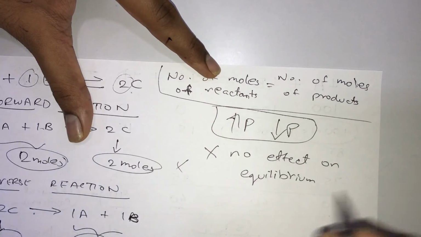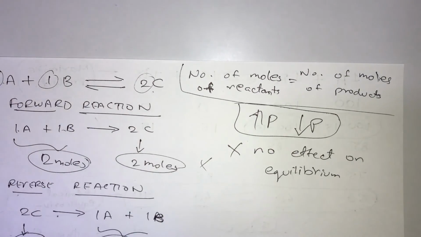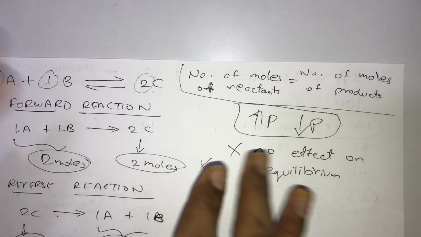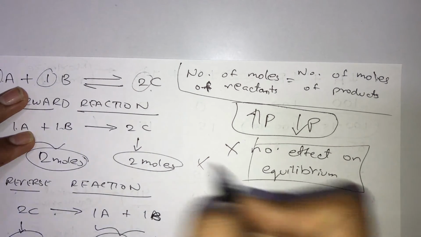So only when the number of moles of reactants is equal to the number of moles of products, whether you increase or decrease the pressure, there will be literally no effect on equilibrium.